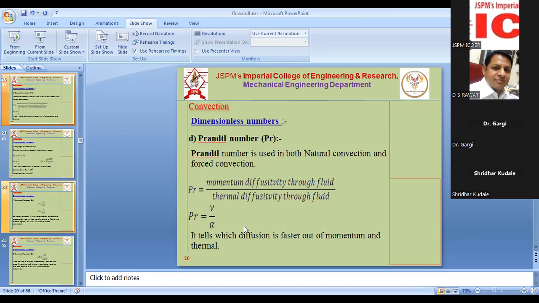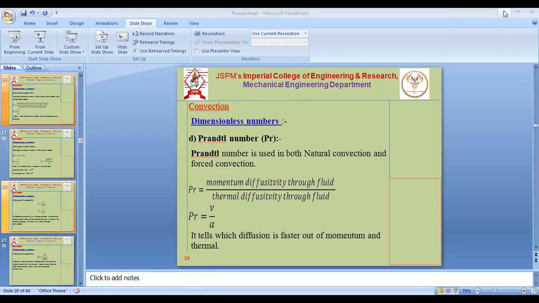The Prandtl number tells which diffusion is faster, or dominating, whether momentum diffusion or thermal diffusion.